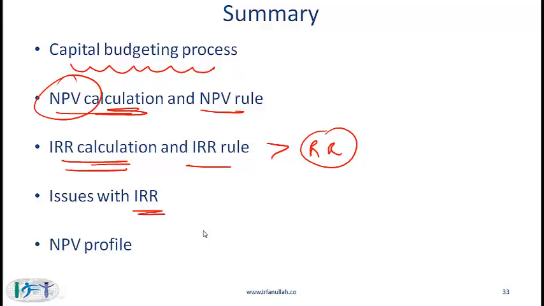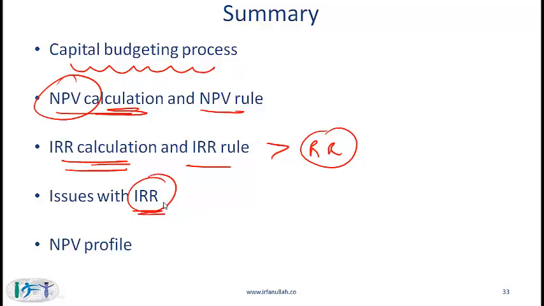We also have the issue of multiple IRRs and the issue of no IRRs where there are non-conventional cash flows. As a subtle point, you need to recognize that the conflicts between IRR and NPV arise because IRR incorrectly assumes that any intermediate cash flows are reinvested at the IRR rate.